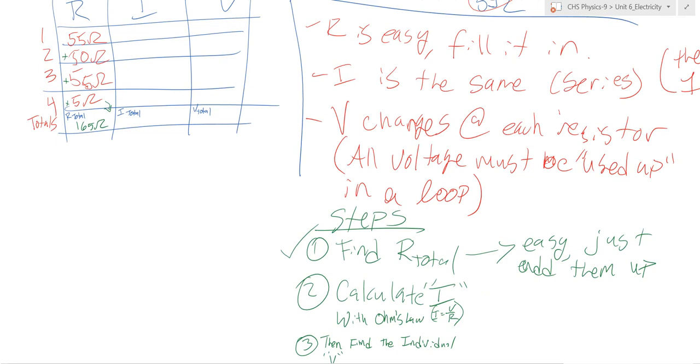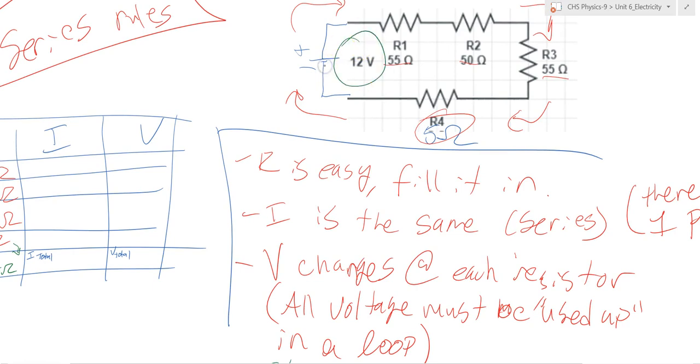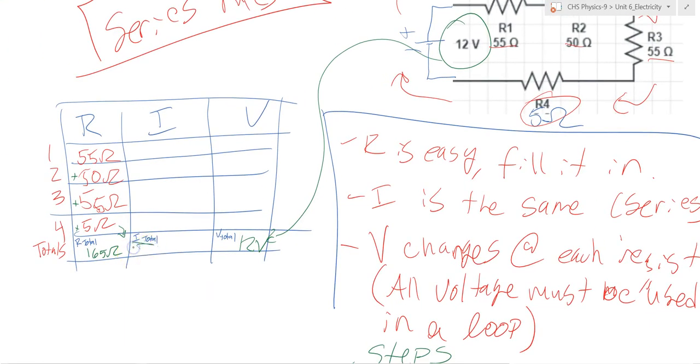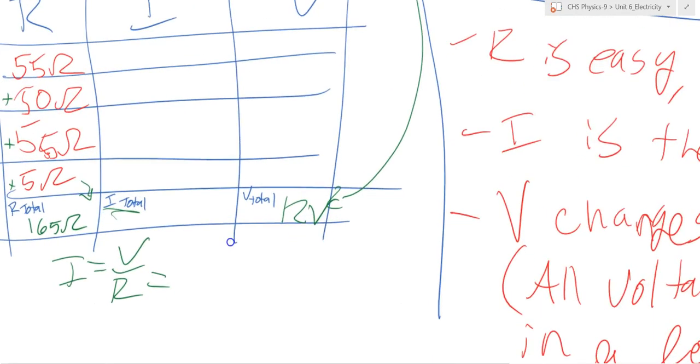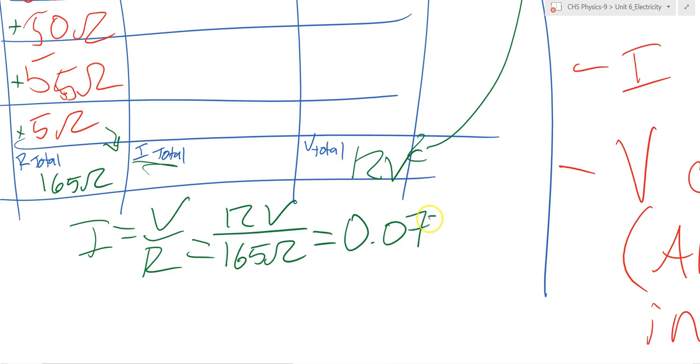So, we know that the total voltage is 12 volts. Then it's going to be easy to find I because we know that I equals V over R. So we've got 12 volts divided by 165 ohms, and that's going to give us a rounded answer of 0.0727 amps.